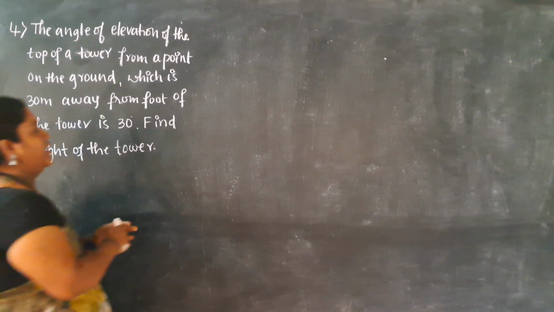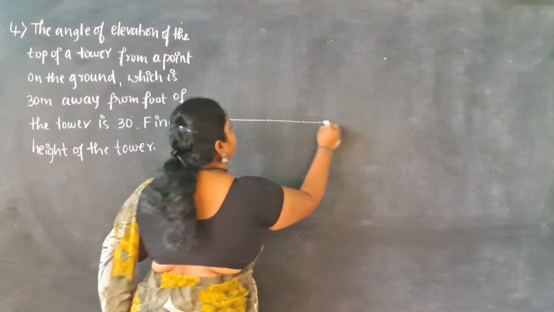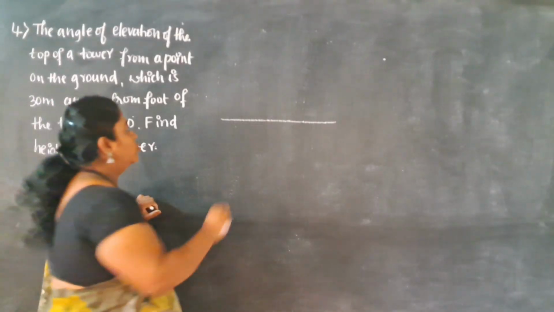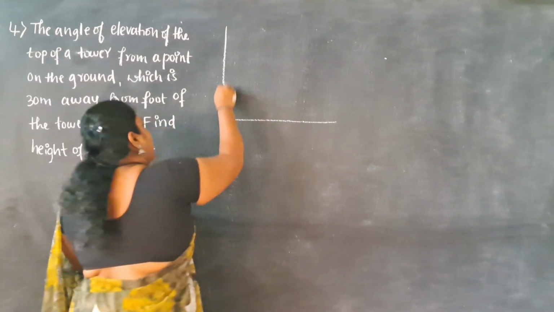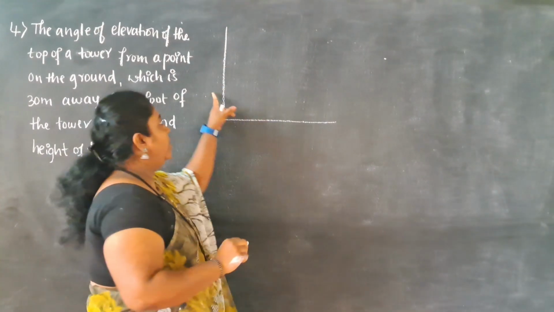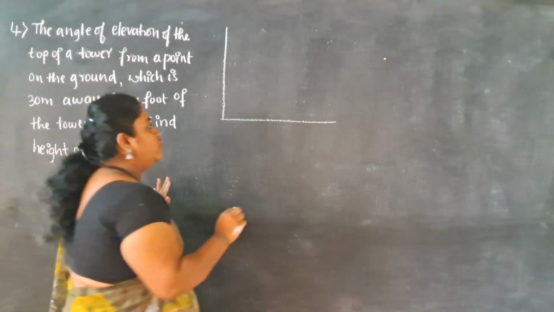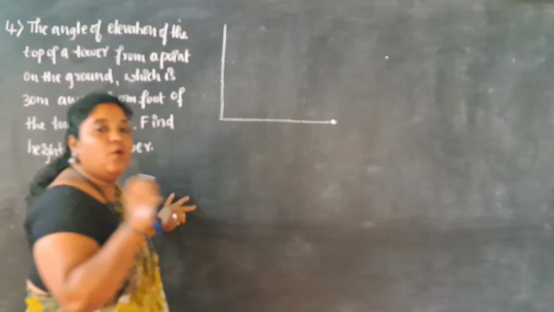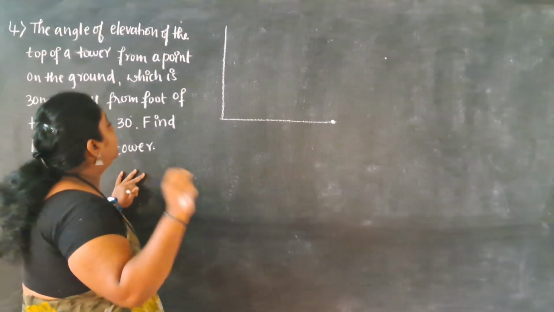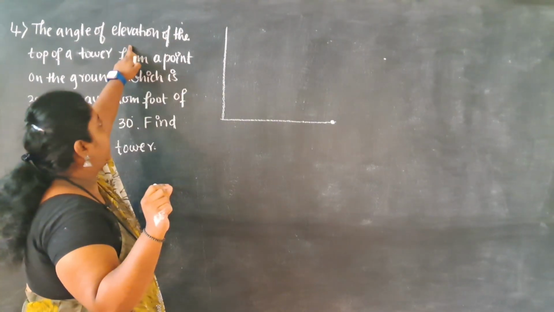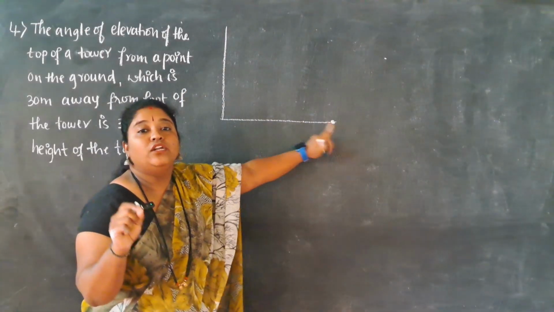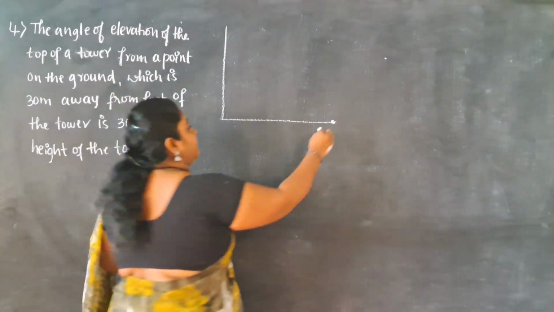First analyze the diagram, dear. This is the base ground, assume, and here there is a tower. Assume a point on the base ground. The angle of elevation to the top of the tower from a point on the ground is 30 degree.